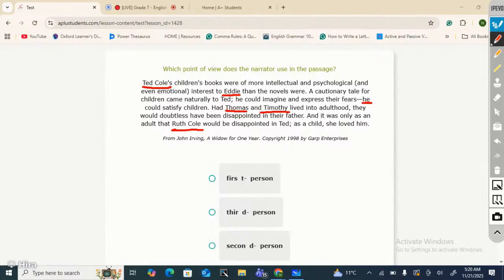He, a third person pronoun, is also used. So, what do these names and pronouns show? These are third person pronouns. It means the passage uses the third person point of view.